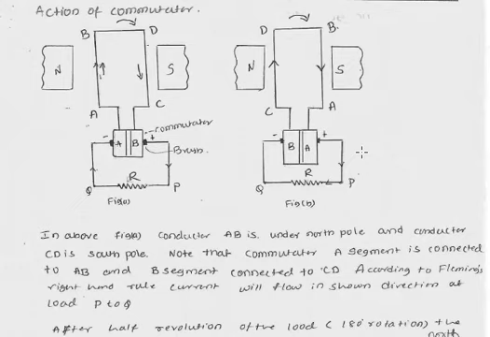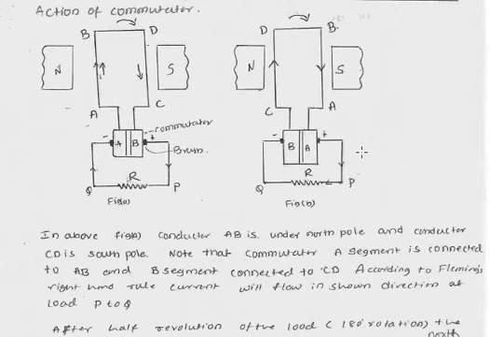So in this session we looked into what a DC machine is. Two types of machines are there: DC generator and DC motor. We are looking into the DC generator. We understood the working principle. A DC generator works on the principle of Faraday's first law of electromagnetic induction: whenever the flux linked with a coil or a conductor changes, an EMF is produced.